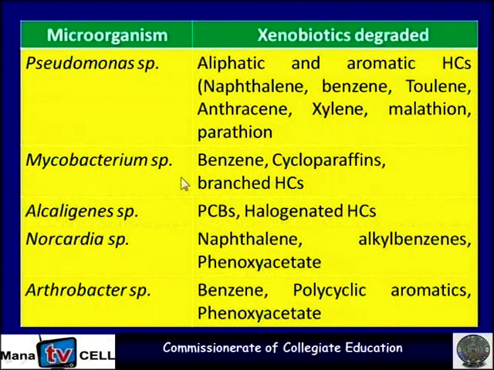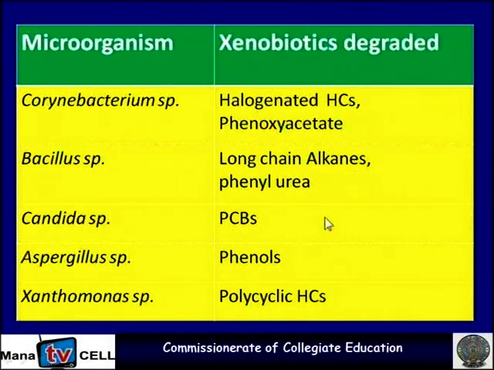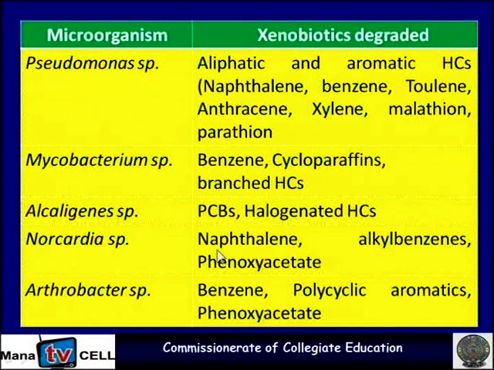Next, Mycobacterium species degrade benzene, cycloparaffins and branched hydrocarbons. Alkaligenes species degrade PCBs and halogenated hydrocarbons. Nocardia species degrade naphthalene, alkyl benzene and phenoxyacetate.